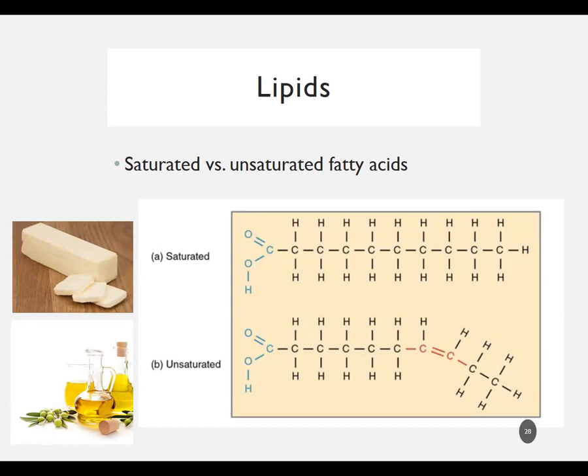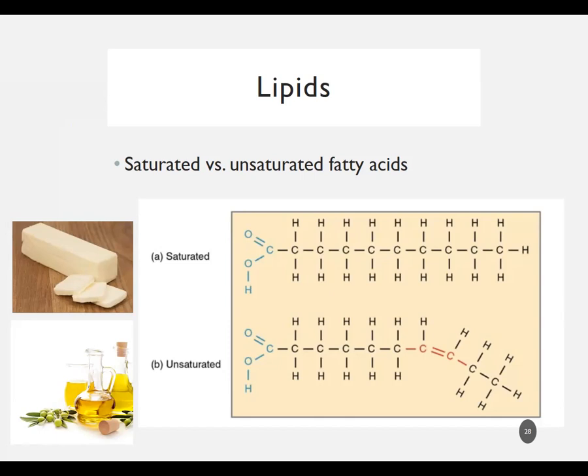The reason that this makes a difference is you can tell here by this diagram that the double bond makes this chain a little bit bent. So when you have a bunch of unsaturated fat molecules next to each other, they kind of separate a little bit because of those bends.